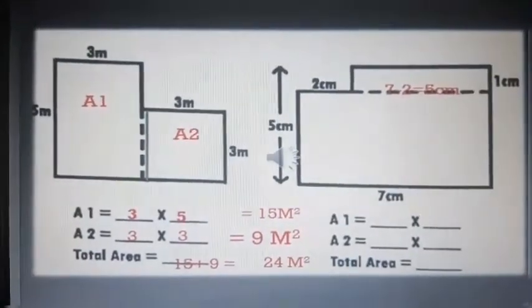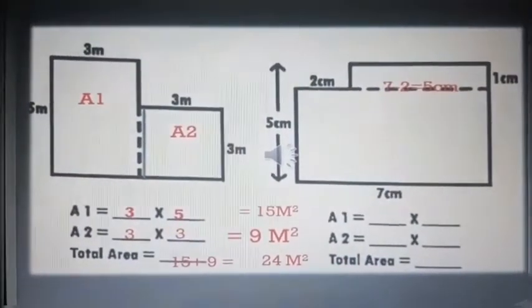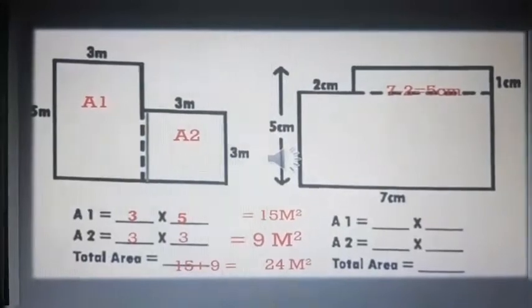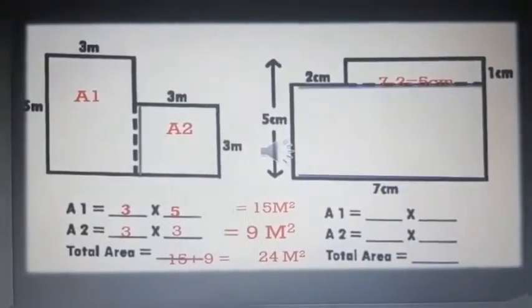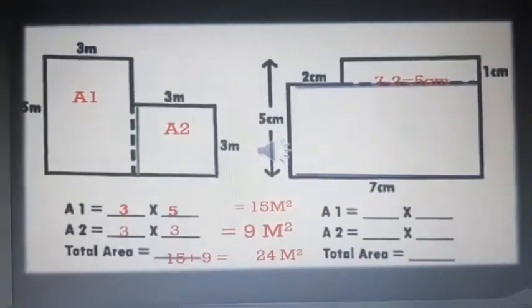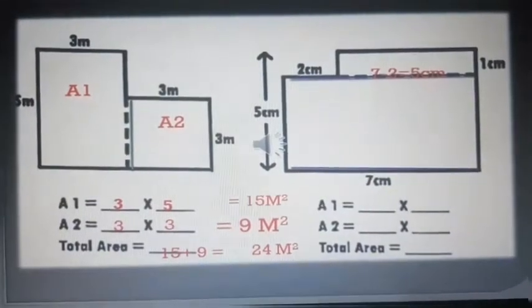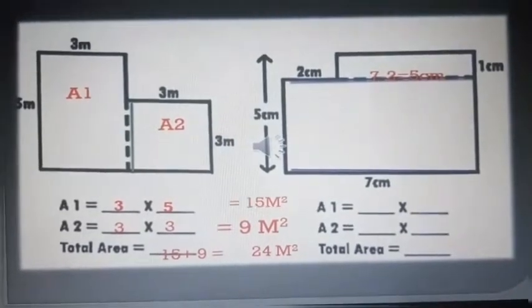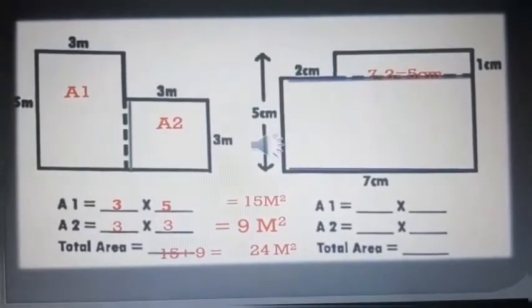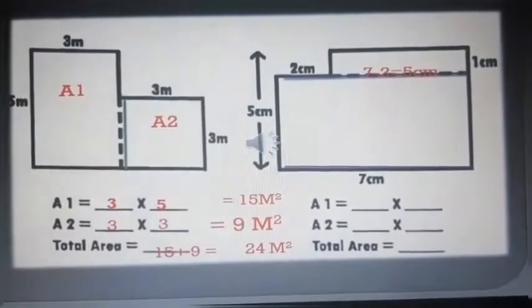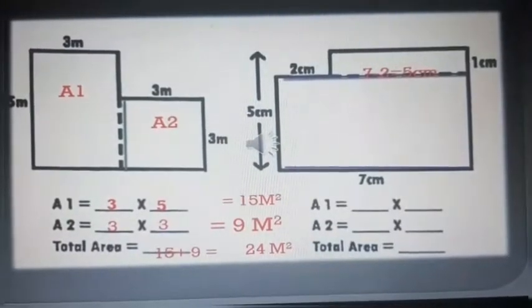Okay, number 2. Here I have another complex shape. Make a line to get 2 regular shapes. In the first shape, the length equals 7 centimeters, so the opposite side equals 7. But you have here a small part equal to 2 centimeters.